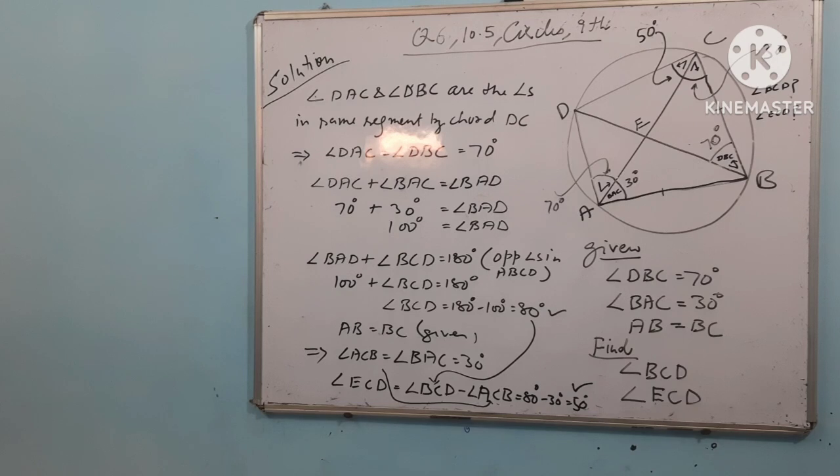So, angle DAC and angle DBC will be equal to each other, that is 70 degrees, because we are given that angle DBC is equal to 70 degrees.